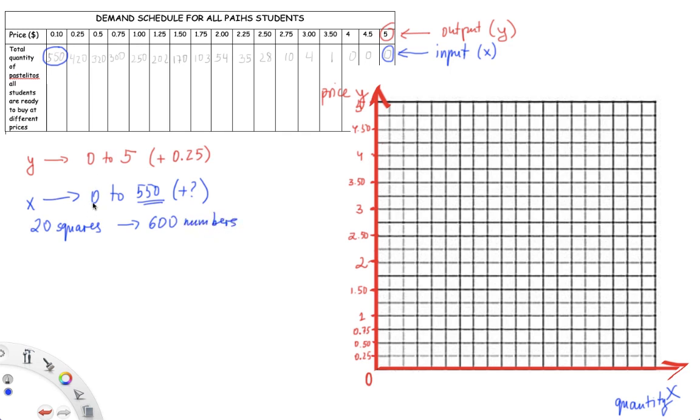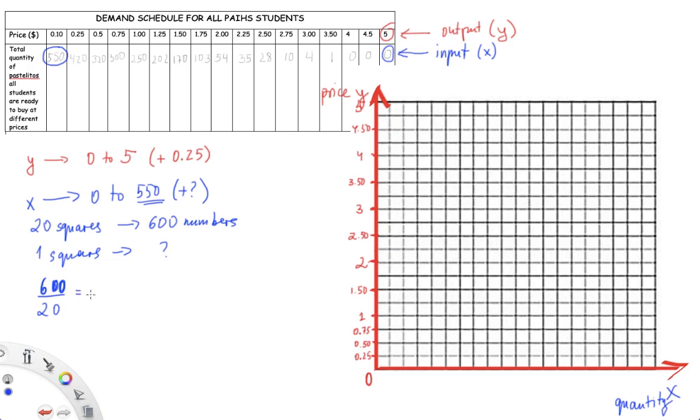So we have to figure out for one square what quantity should go in one square. The way we do that is we take the 600 numbers we have and divide them by 20 squares. Those are pastelitos, those are squares.